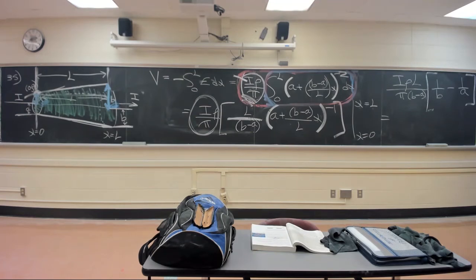Okay. Let's just keep going. This is 1 over b. This is 1 over a. I'll tell you what I'm going to do. If it's 1 over b, what do you say you multiply top and bottom by a? If it's 1 over a, what do you say you multiply top and bottom by b?